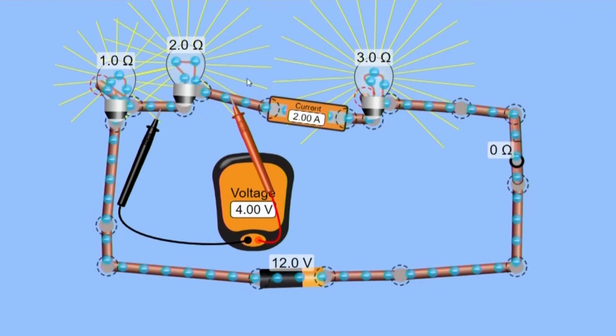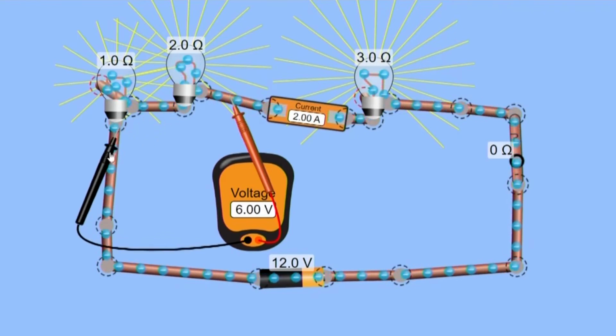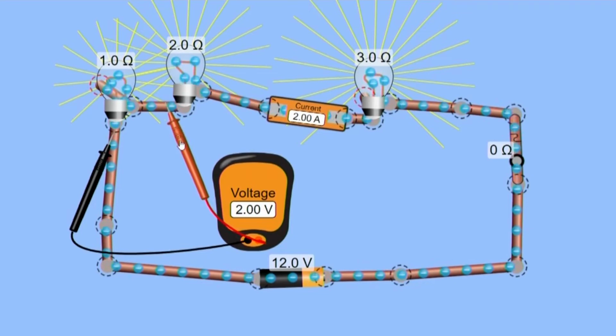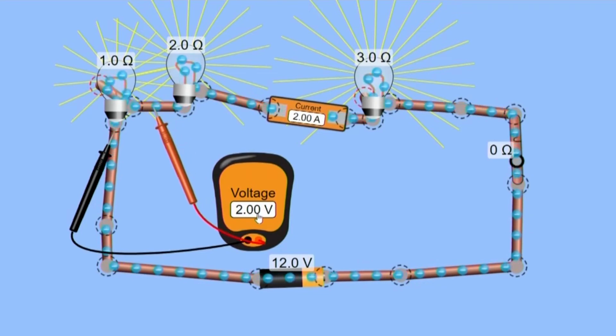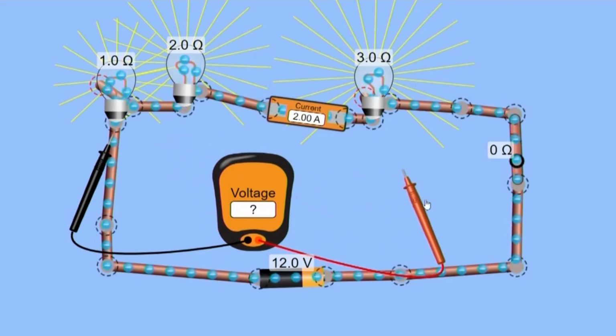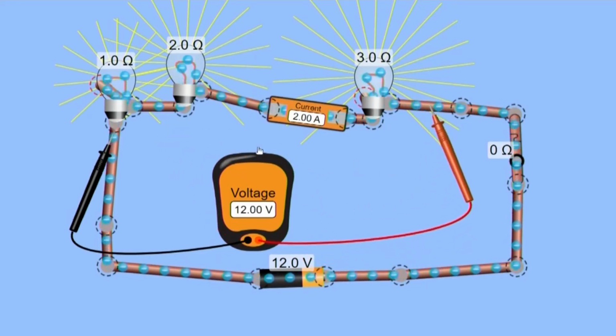Now what do you think will be the value of the potential difference at the end of the 3 ohm resistor? Are you thinking, children? As you can see, between the ends of the 1 ohm resistor the potential difference is 2 volt because I into R, 2 into 1 ohm.